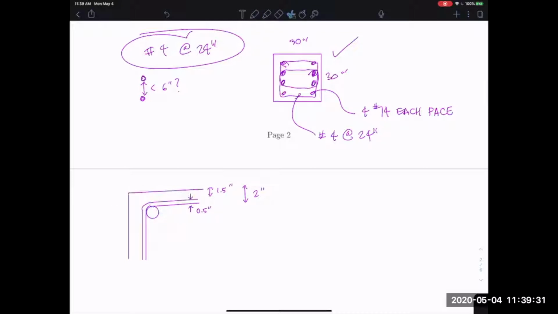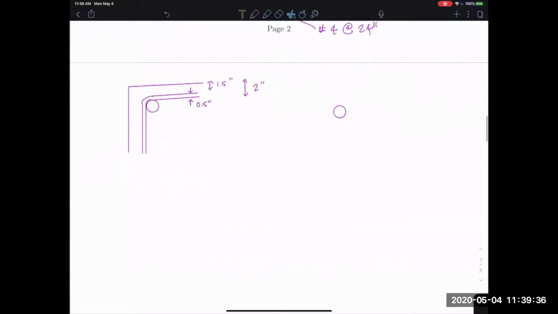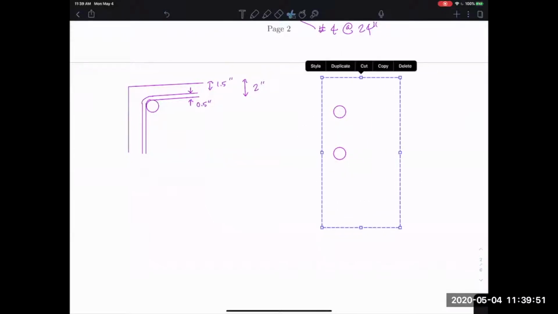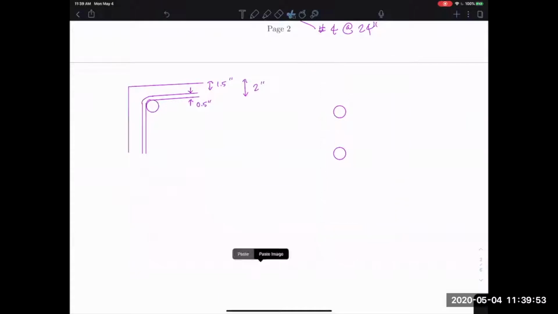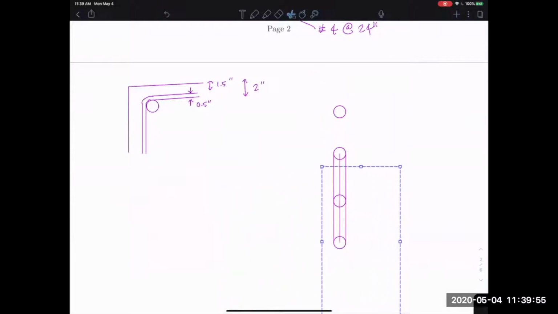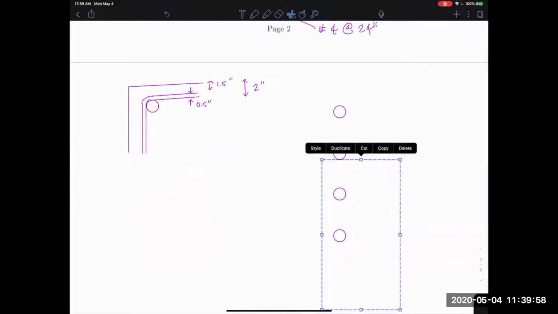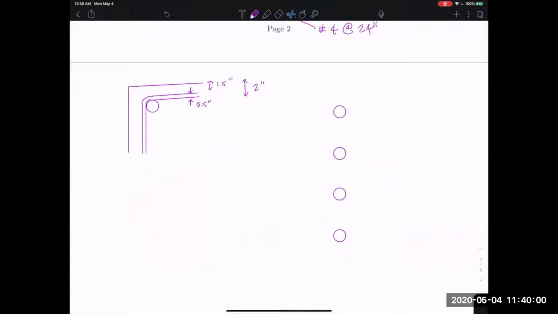So let me try and draw 4 of them. Not to scale. Let me try and move that. Okay, that's about right. Copy, paste, something like this, right? So we got 4 of them. And it's 2 inches to the outside, and it was 30 inches overall, right?